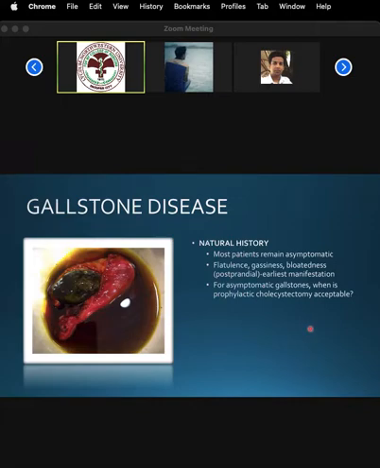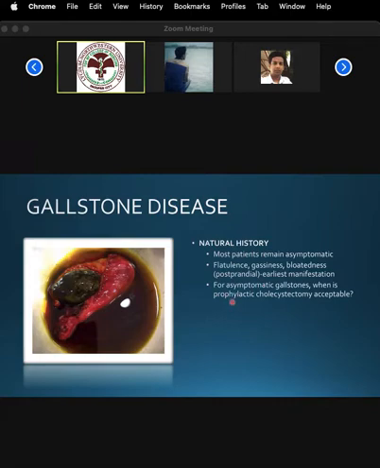Also, prophylactic cholecystectomy is recommended for patients who will be isolated from medical care for long periods of time. For example, patients going on a trip, seamen, or those going to other countries wherein the fear of developing cholecystitis would be there. Okay?